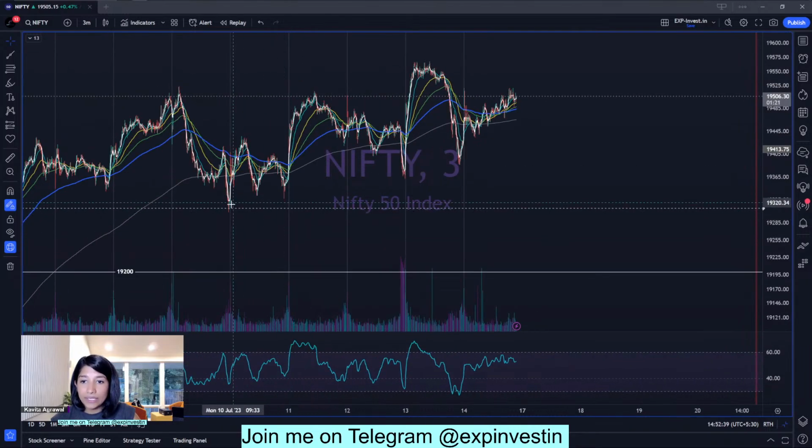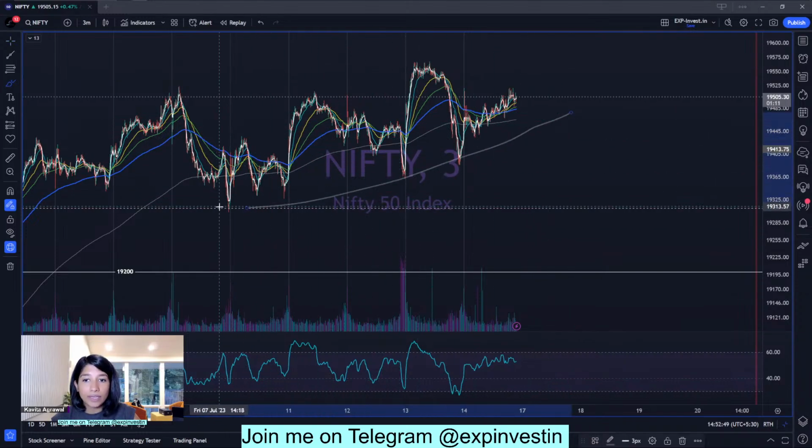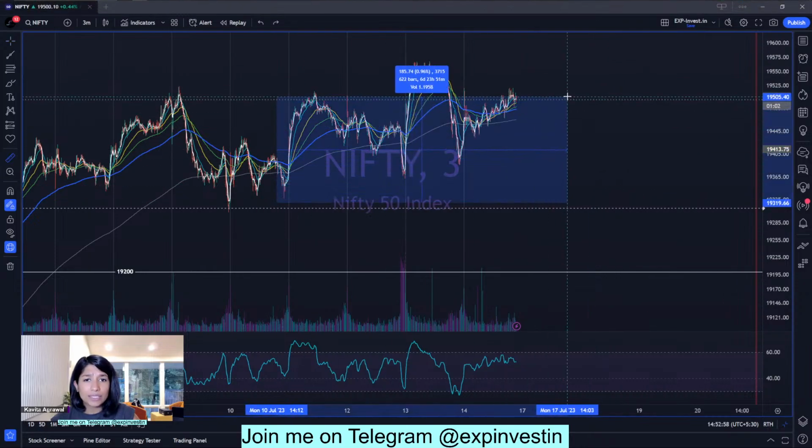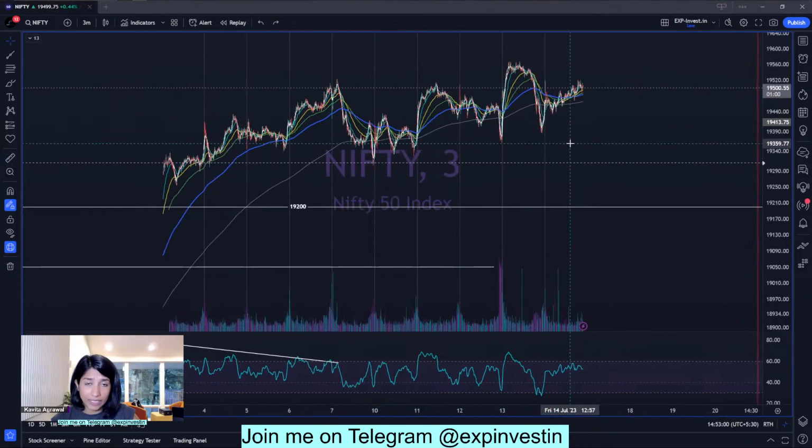From Monday, this is where Monday started, we can see the price has consistently moved up, but not very linearly. In fact, there has been a lot of volatility, lots of ups and lots of downs. The up move that has happened has been pretty slow, less than a percentage.